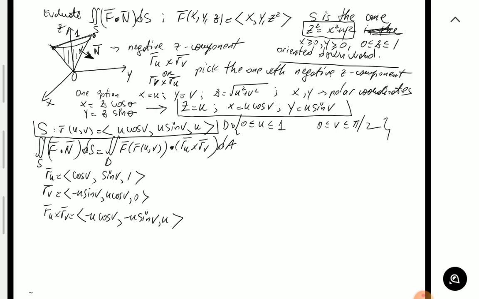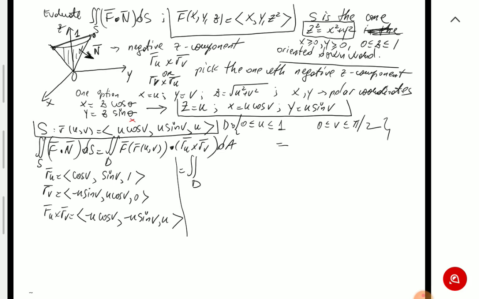Okay, so here comes the part that it's easy to mess up if you make the substitution incorrectly. So what is f of r of uv? Go all the way back to the top of the page and look at the vector field. Each x, y, and z is going to be replaced by whatever x, y, and z is on the surface. So I'm going to indicate here with a red color on the surface.